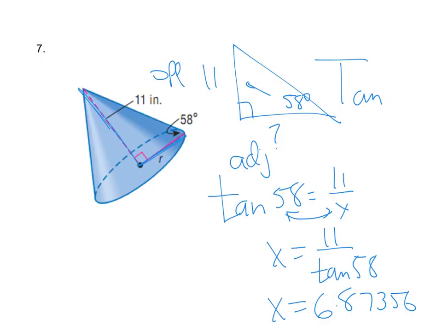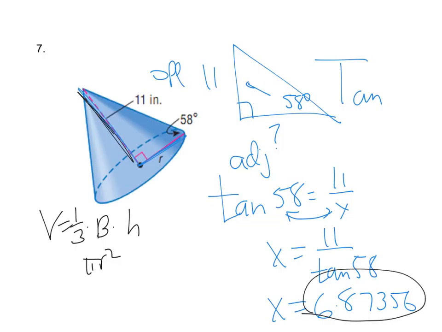So now, coming back and figuring out the volume of this, 1/3 base times height. Except I know it's going to be pi r squared. So I'm going to take this and automatically just square it right away. Okay, and multiply it by 11, and then divide it by 3. So right now this is 173.235 pi inches cubed.